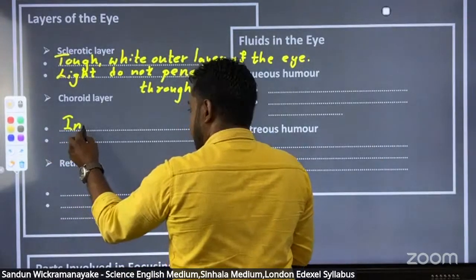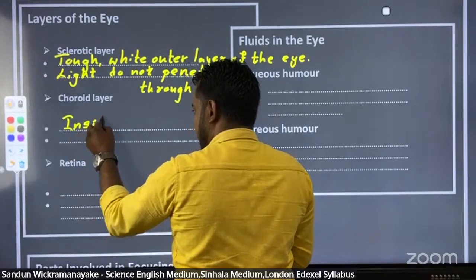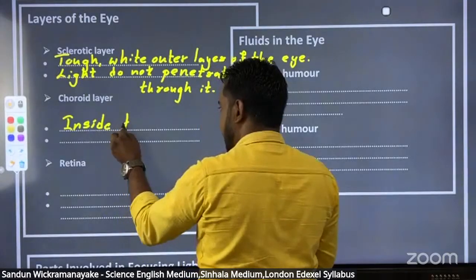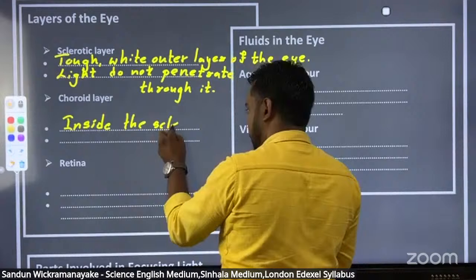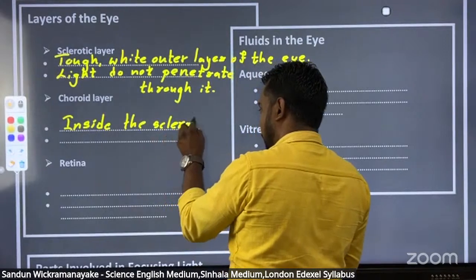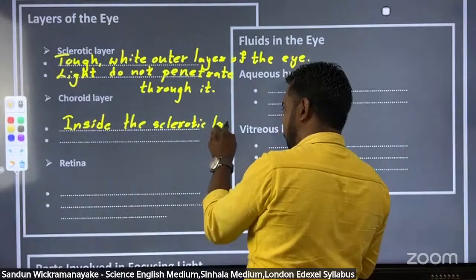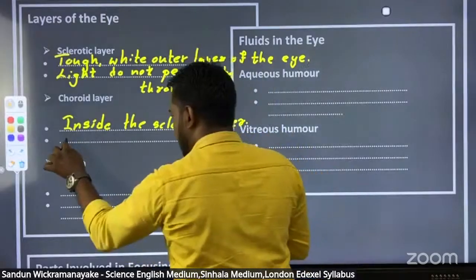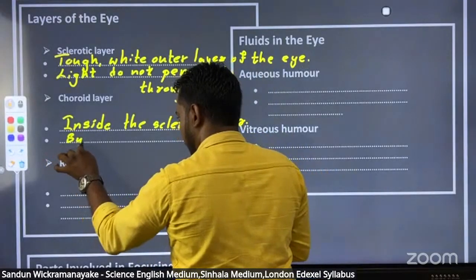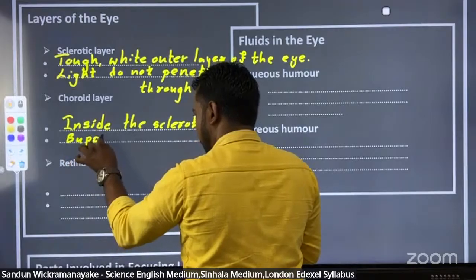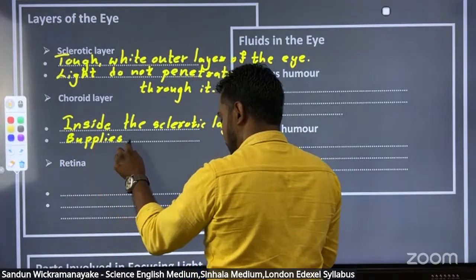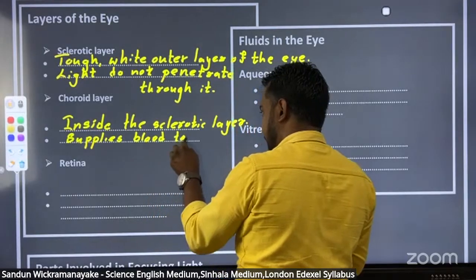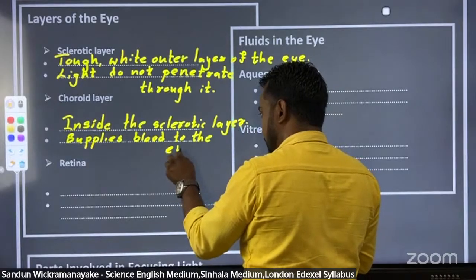It's situated inside the sclerotic layer. And it also supplies blood to the eye.